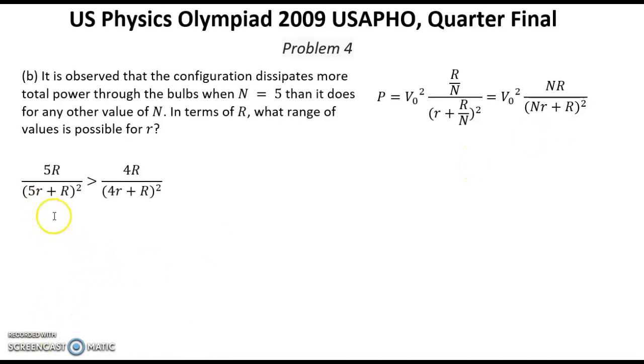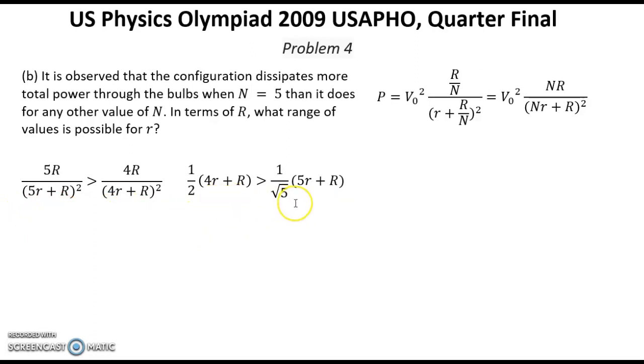So first we can solve the inequality for when N equals 5 and here when N equals 4. We have this inequality. So we can first cancel R, take the square root of both parts and reverse it. In that case we have this expression. So we have this inequality from this inequality.